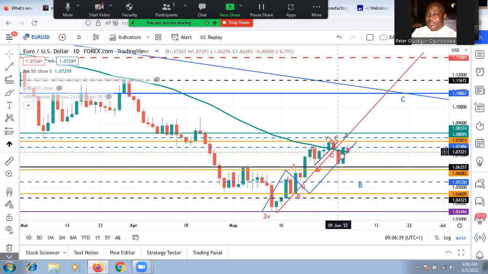So what kind of flat are we going to see? It can only be a regular flat, a running flat, or an extended flat. We don't know yet. But then we're going to decide what this one is doing in the middle to know what it's going to be.